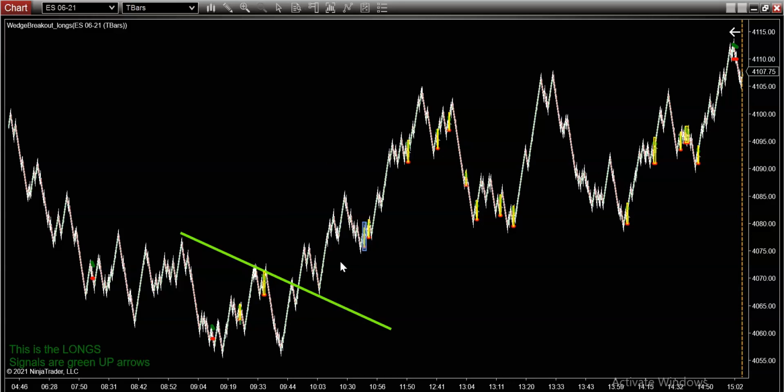We were able to get only a 3-point stop on the S&P 500 E-mini futures today, while being able to grab 45 points, 45 handles on the S&P E-minis. I don't know about you guys, but I'll take that all day long. Risking 4 points to make 45, I'll take that risk to reward setup all day long.